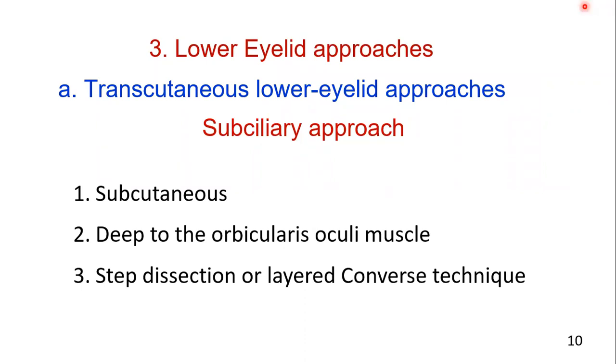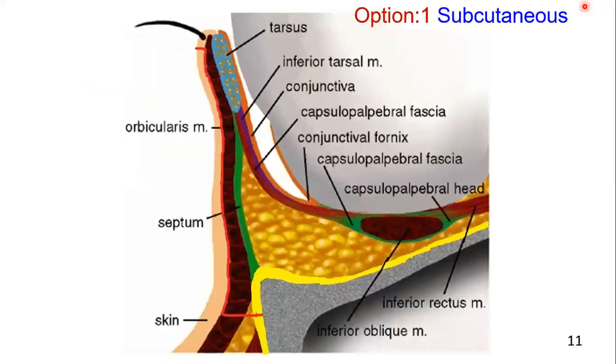Subsequent to the skin incision, there are three optional pathways for dissection down to the orbital rim. That is subcutaneous, deep to the orbicularis oculi muscle, and step dissection or layered technique. Now, the first option is to dissect between the skin and the muscle.